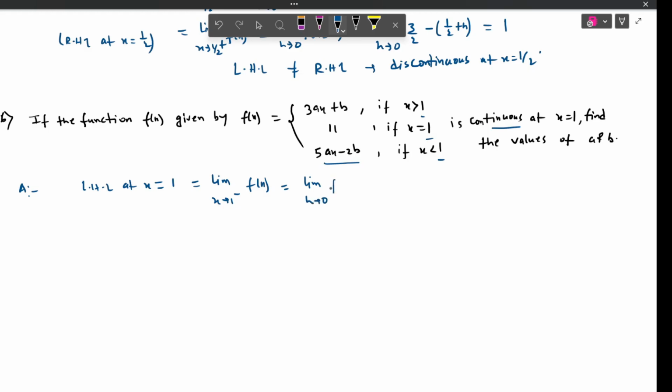So limit h tends to 0, f of 1 minus h. In place of x, you have to put 1 minus h. So it would be 5a into 1 minus h minus 2b. If you put h tends to 0, it would be 5a minus 2b.